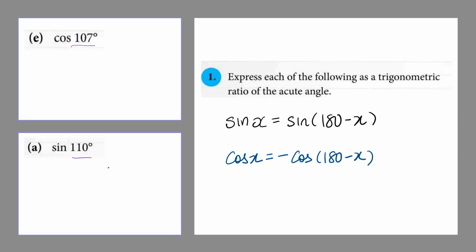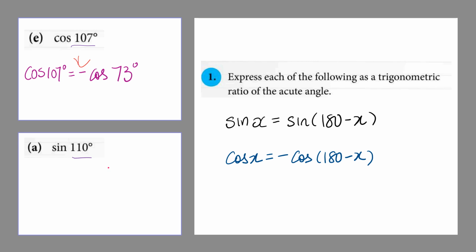So if you look at cosine 107, what do you think it is equal to? Yes, it's equal to negative cosine 73. How do you get 73? You just take 180 minus 107, which gives you 73.